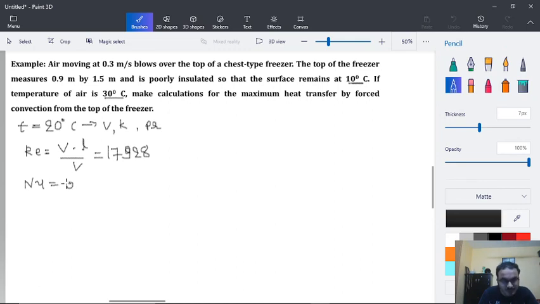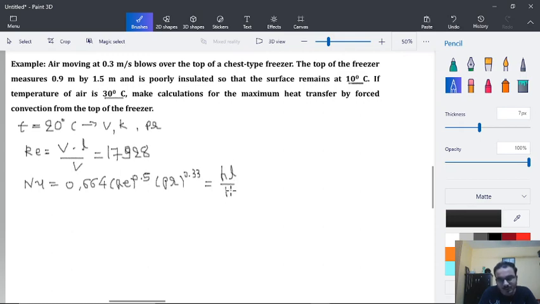It will be 0.664 into Re raised to 0.5 into Pr raised to 0.33, and again this will be given by H L by K.